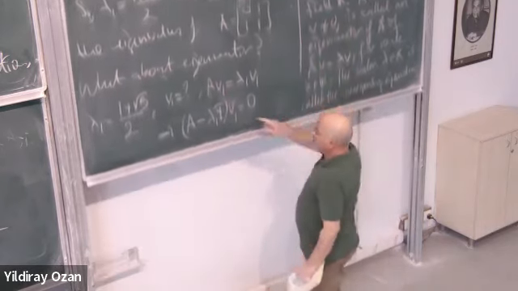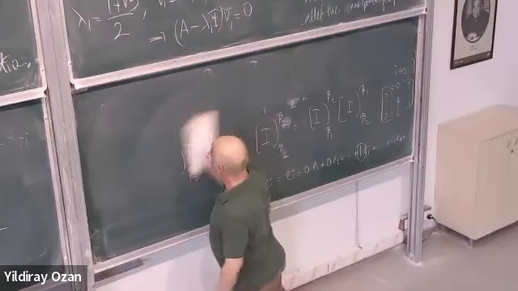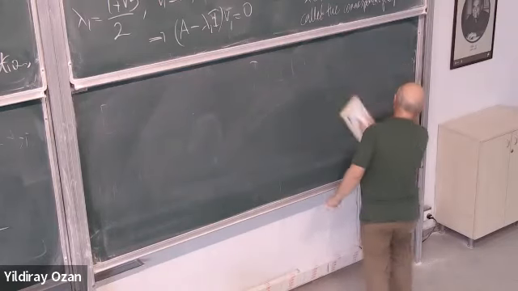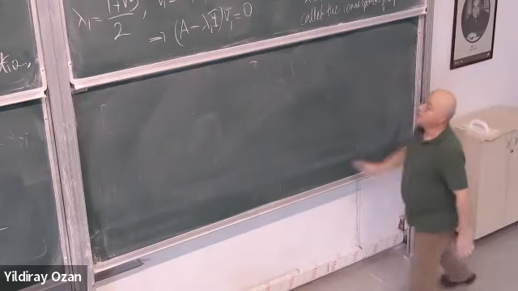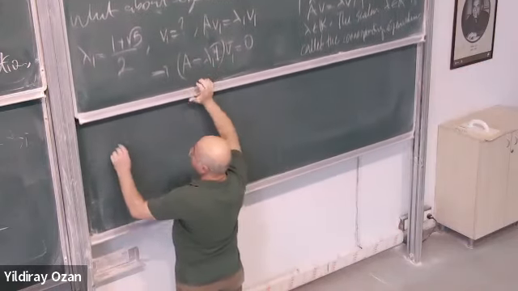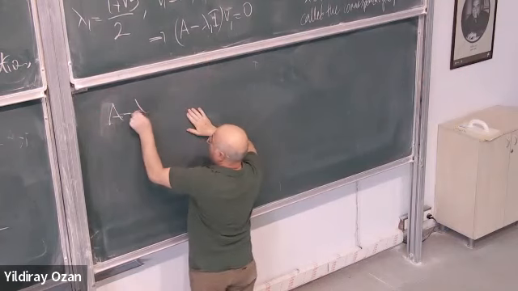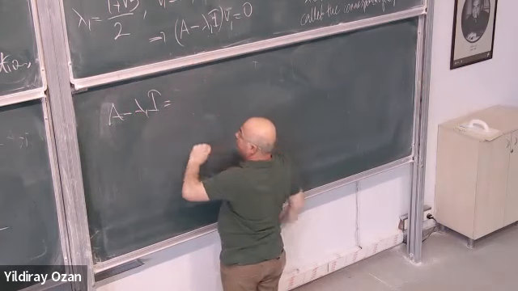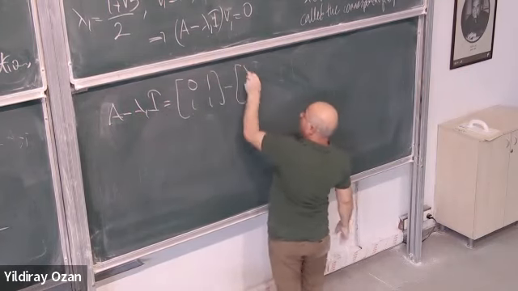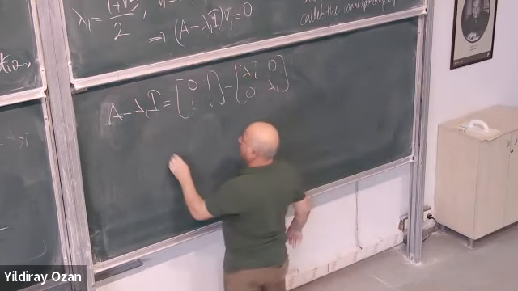All right. So V1 should satisfy that equation. Now let's see that equation. So A minus lambda 1 times identity. What is this? 0, 1, 1, 1 minus lambda 1, 0, 0, lambda 1. So what is this?